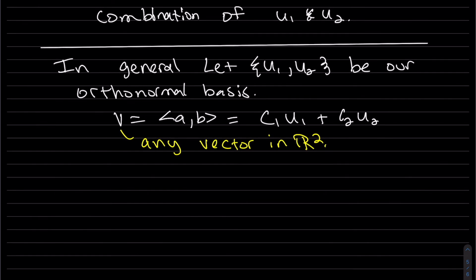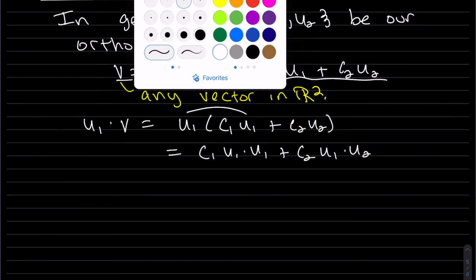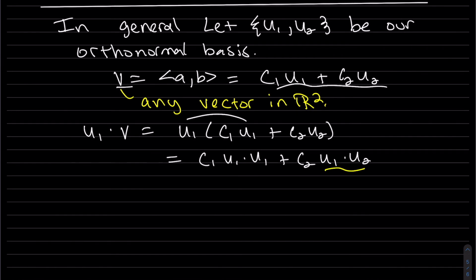Then if we take the dot product of U1 with V, V is our linear combination here. We can distribute that. It's C1, U1 dot U1, plus C2, U1 dot U2. Well, we do know, since it's an orthonormal set, this is 0, and this inner product is 1.